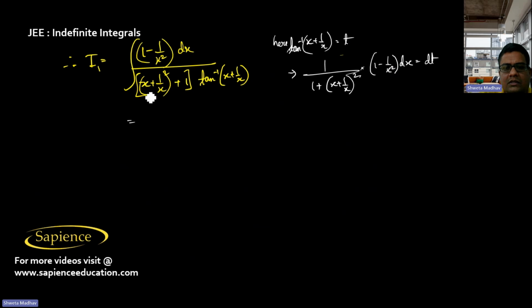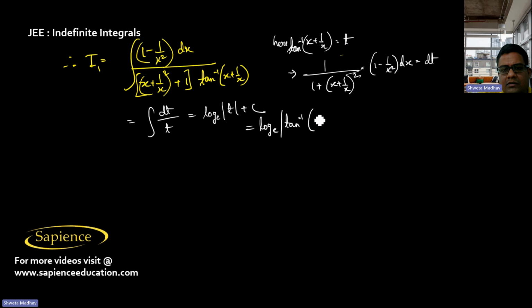So this entire thing is dt. So this is the integral of dt by t. This will be equal to log base e mod t plus c, which is log base e of mod tan inverse of x plus 1 by x, plus c1, suppose.